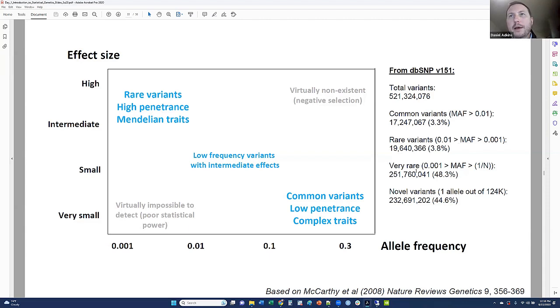But the very, very rare, sometimes novel variants are called private variants, meaning that they might only occur in one family in the world. They can have very large effects, but they occur so rarely that for all practical purposes they're quite difficult to study using the methods that we're going to discuss.